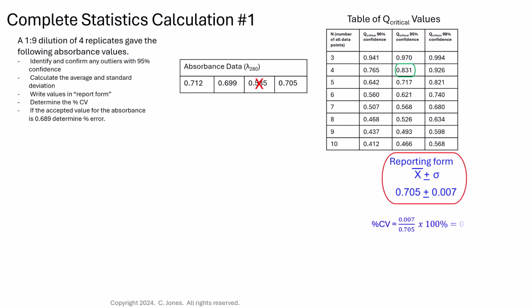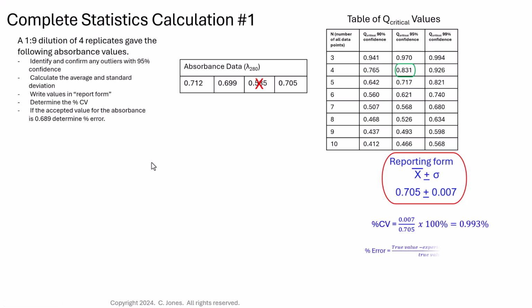Okay. The percent CV, not bad. 0.007 divided by 0.705 times 100%. It's just a little under 1% CV. And then calculating the percent error, remember our true value, right? Accepted value, true value is 0.689.